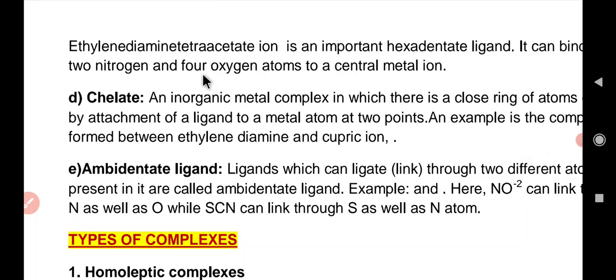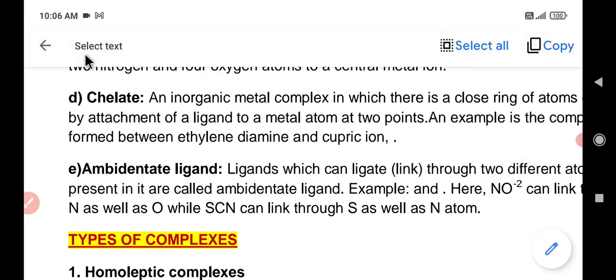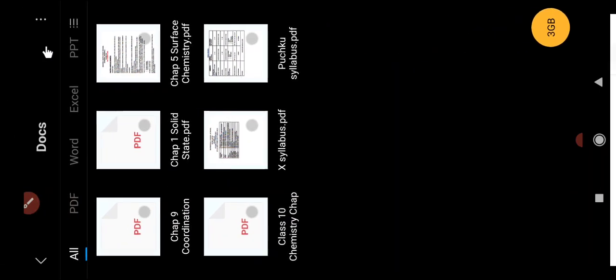See, ethylene diamine tetraacetic acid, EDTA. See here, we have these examples of polydentate ligands where we have discussed ethylene diamine tetraacetic acid.